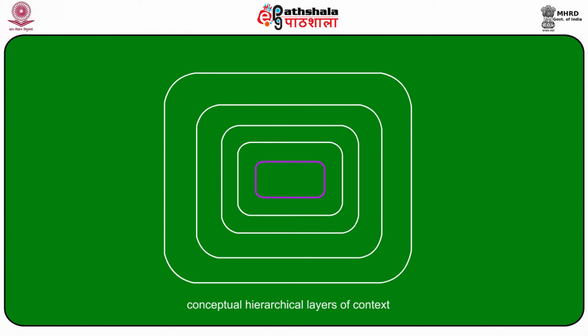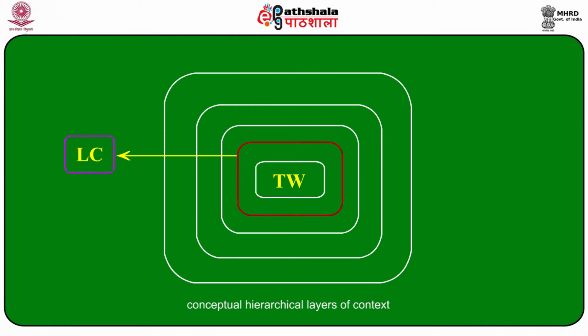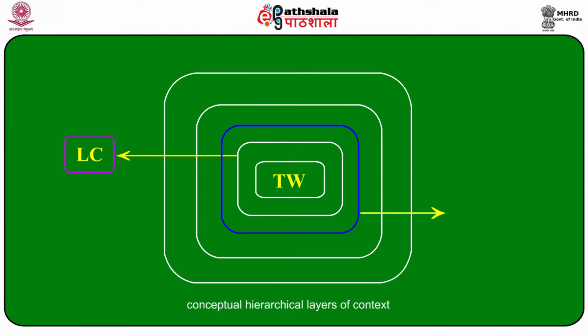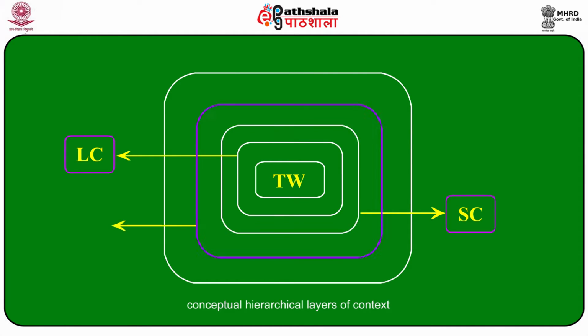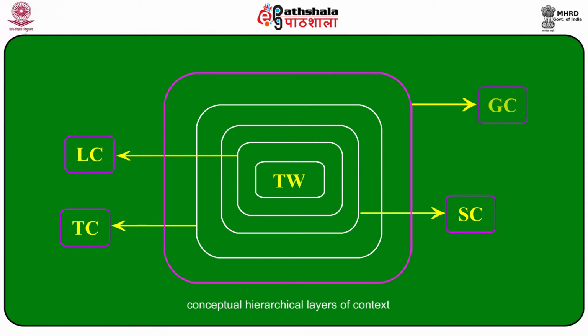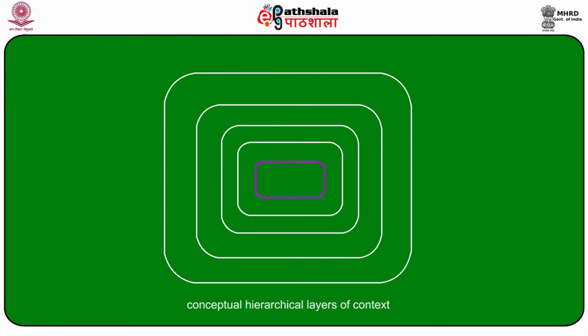In that case, our last resort is that we should refer to the GC, or global context. That includes knowledge of the external world, the extra-linguistic knowledge base, knowledge of the culture, knowledge of history, knowledge of heritage, word knowledge, pragmatics.